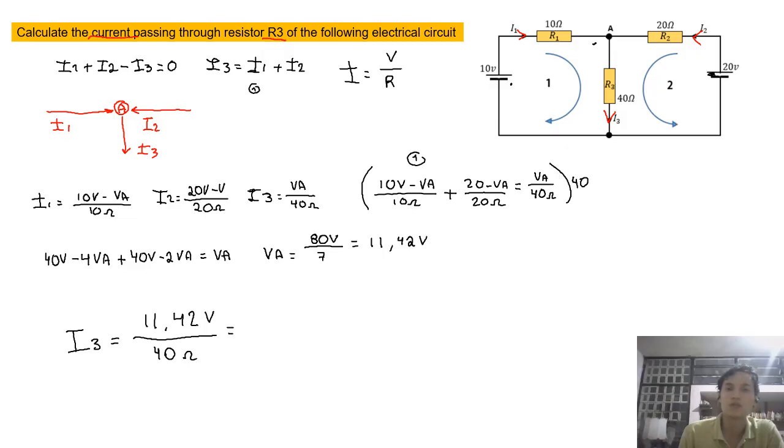And that is equal to 0.28 amperes. Amperes is volts over ohms, and that's the whole problem.